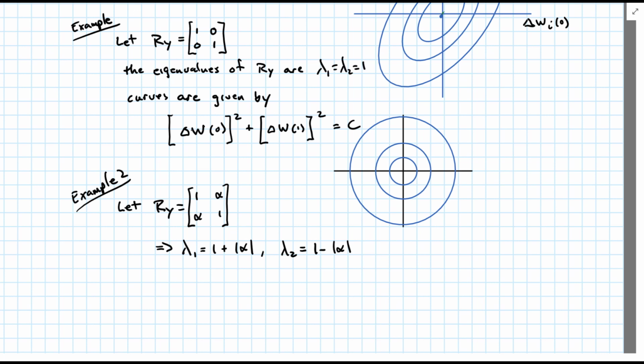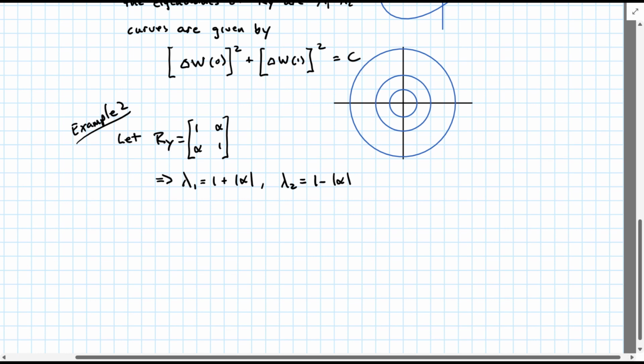The equal error curves are described by a function similar to what we had before, but now we're going to have some cross terms in there as well.